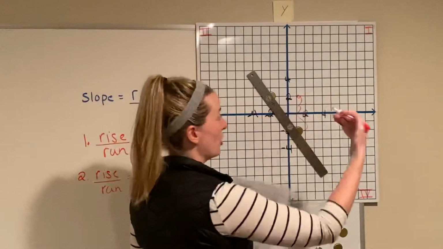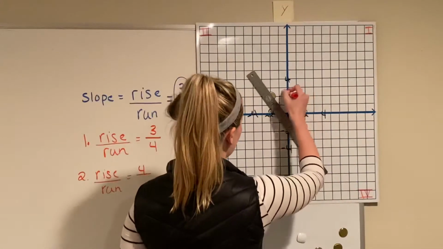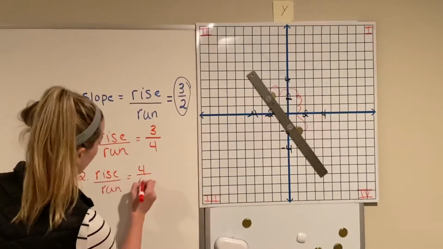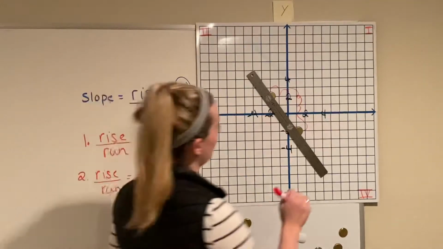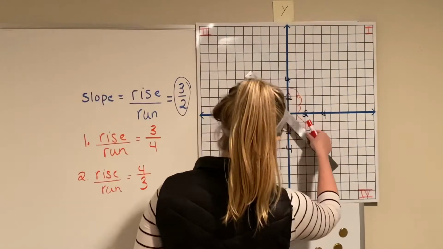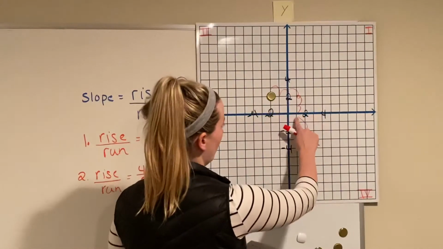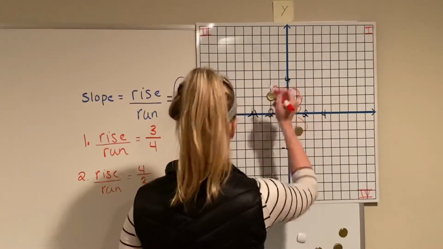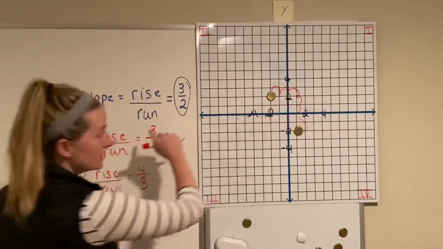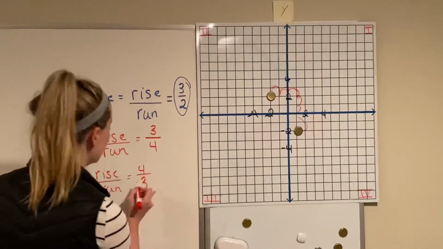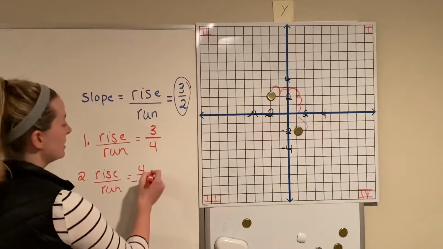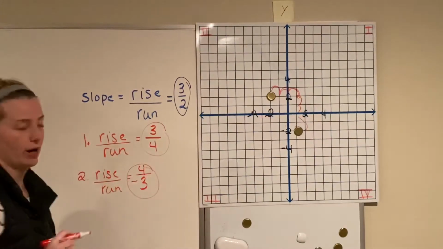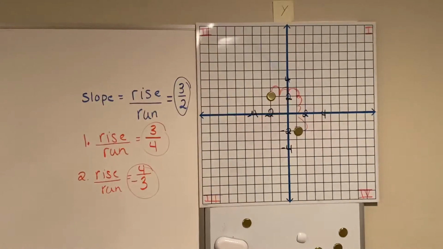And what's our run? 1 unit, 2 units, 3 units. We experienced a run of 3 units, starting at +1, going to -2. Again, 1, 2, 3. But notice our horizontal change was going towards the left. Left side are negative numbers, so it becomes a -3. So 4 over -3, not 3 over 4. Subtly different, but different nonetheless.